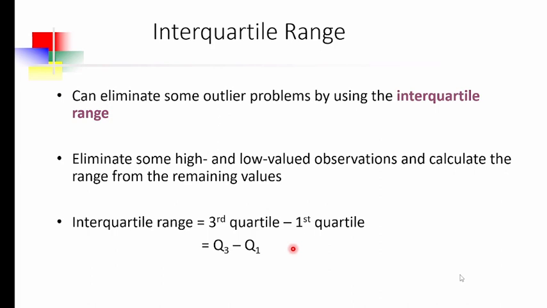The first quartile divides the data 25% and 75%. The second quartile, which is the same as the median value, divides the data set into 2 equal parts, 50% and 50%. The third quartile divides the data 75% and 25%. These are the positional measures, right?